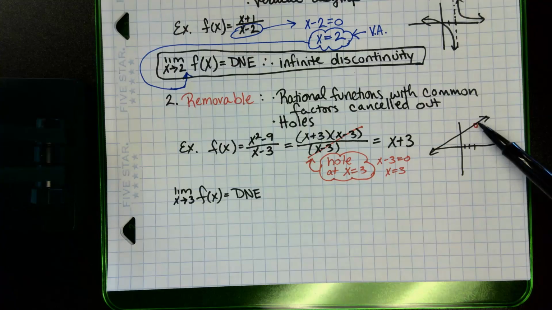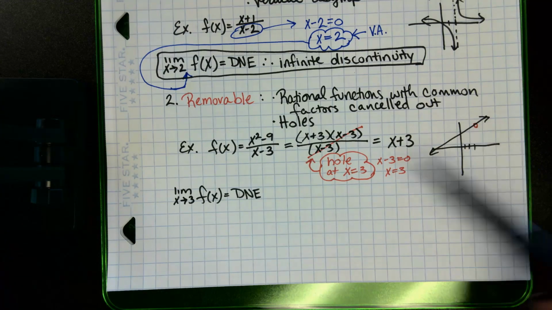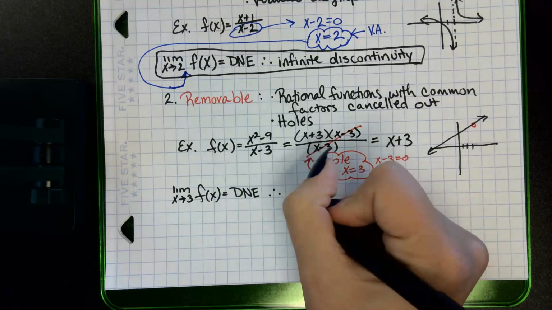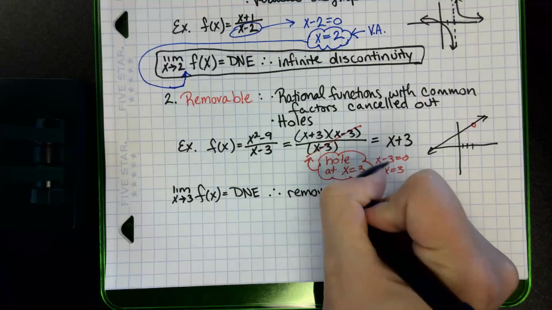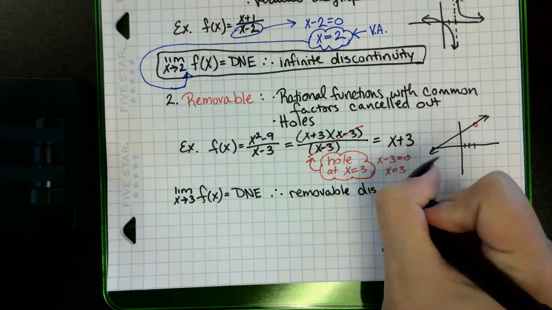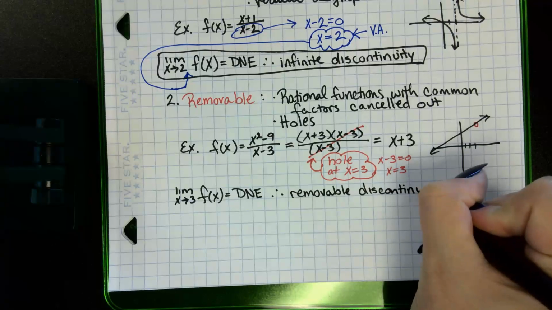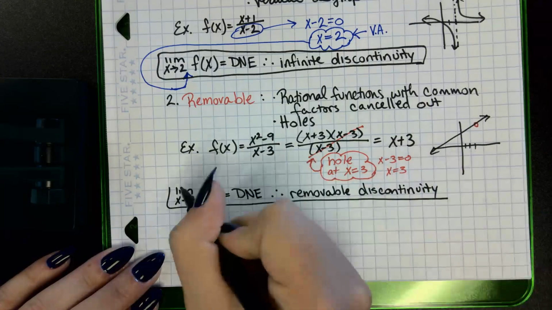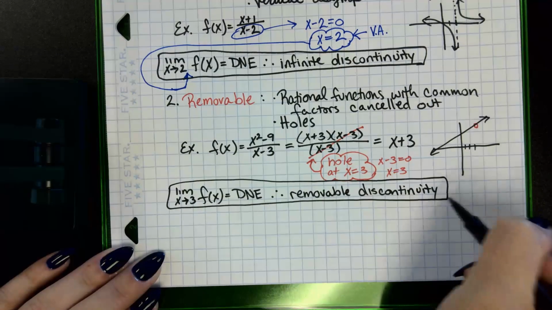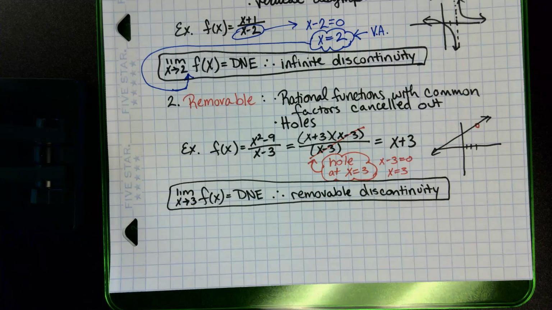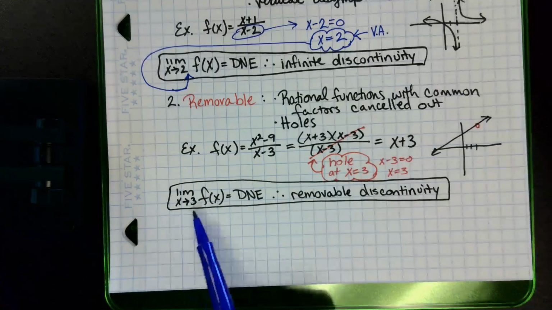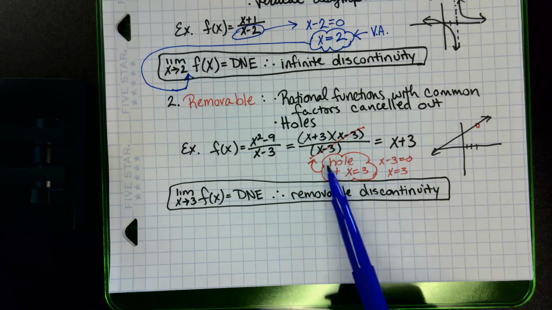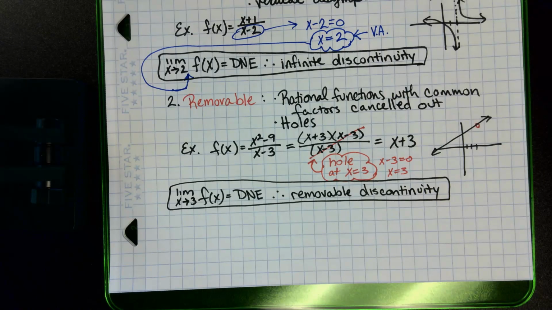Is there a y value at 3? No, we removed it. There's a hole there, so it does not exist. Therefore, removable discontinuity. And we knew in limit notation we were using a 3 here because that is what we got when we set the denominator equal to 0.